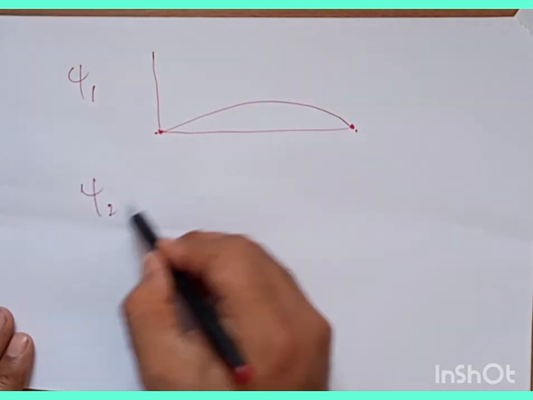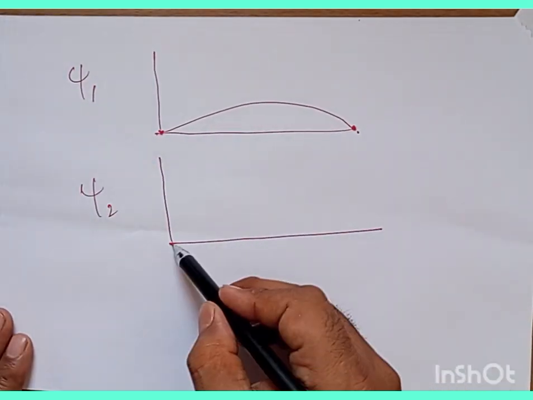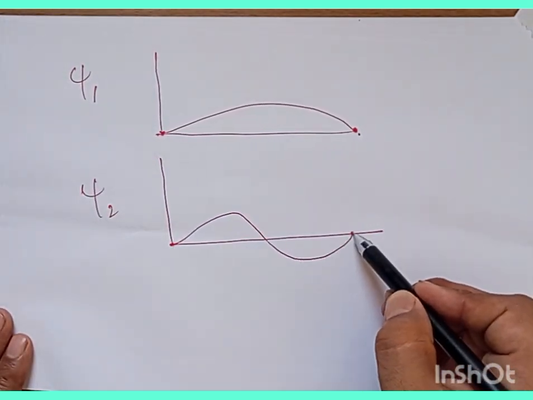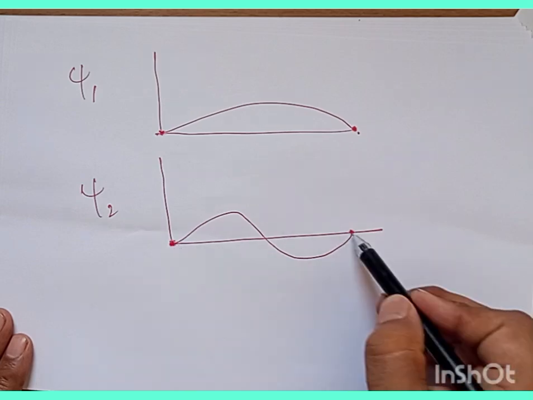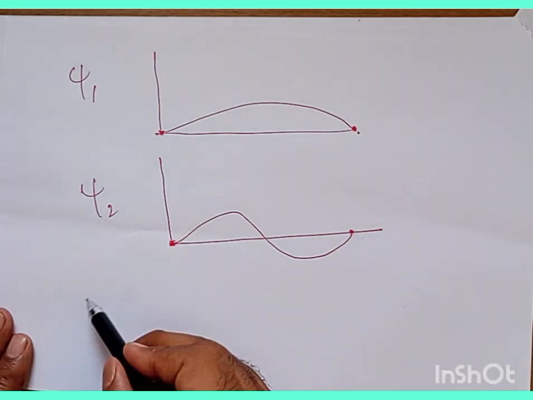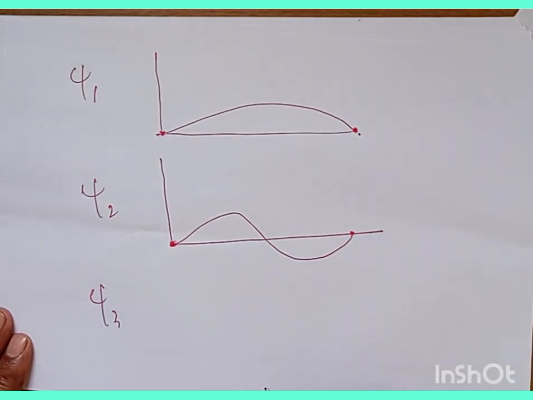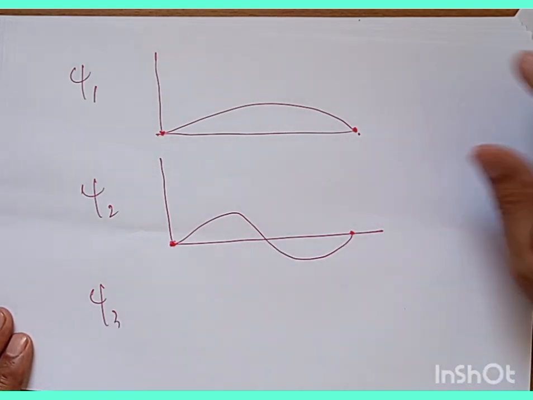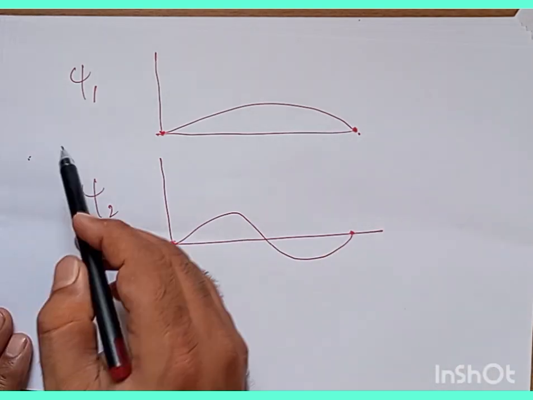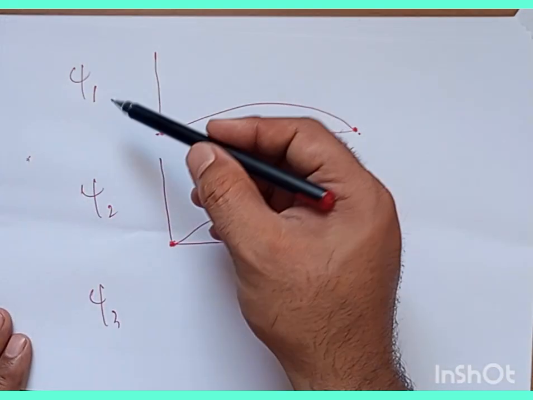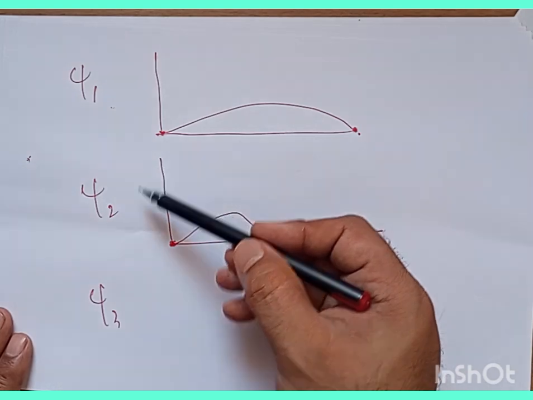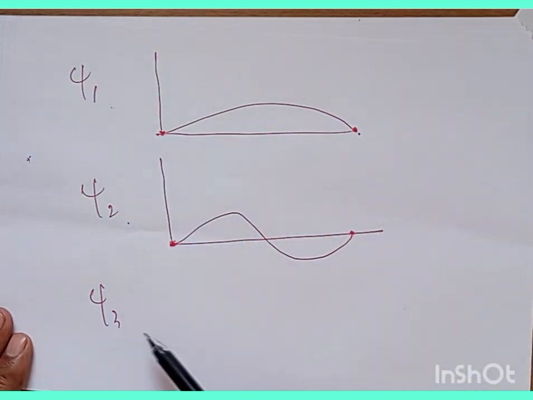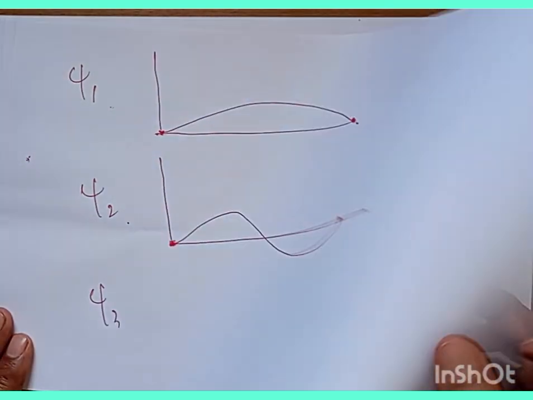If you take psi 2, you will have one node. Then psi 3, you will go on adding a node for the more generalized excited wave functions. So this way, we can have the wave function. The state of the particle can be psi 1, it can be in some higher state psi 2, it can be in some higher state psi 3.